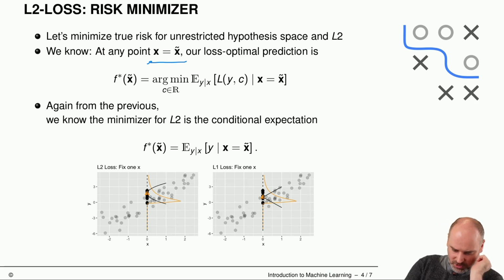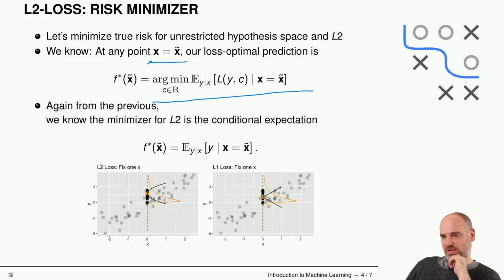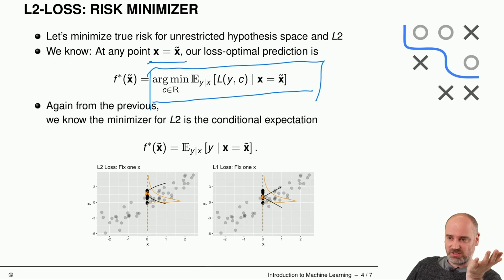In a previous session, we derived that our point-wise loss optimal prediction for a risk minimizer is solving this minimization problem. But now this looks very, very familiar to us, right? This is like this M estimator type of thing.